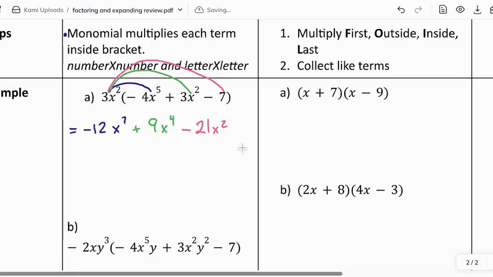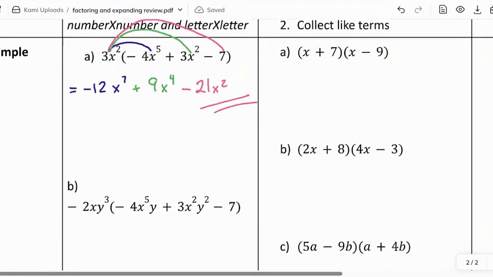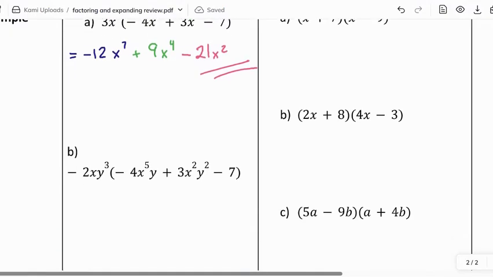There's nothing else to do. You stop. Don't factor it. You were just told to expand. There's nothing to do. But that's factoring. Because look, that's where you came from. It's like you're going back to the question. Yeah. All right, let's try another one.